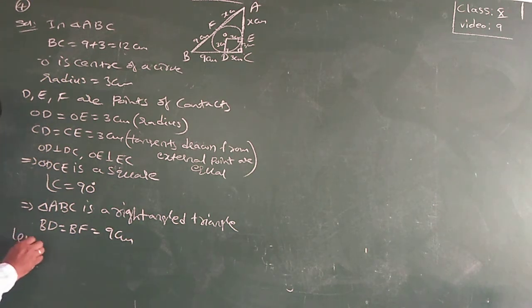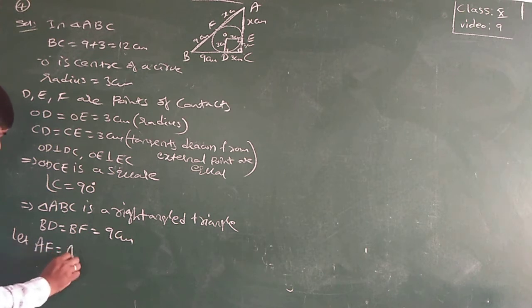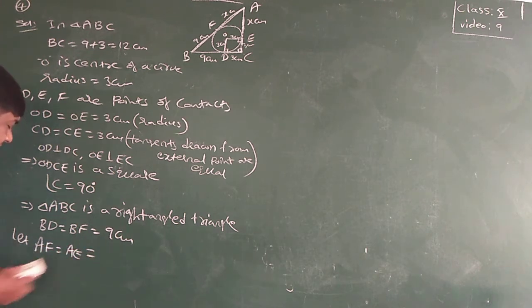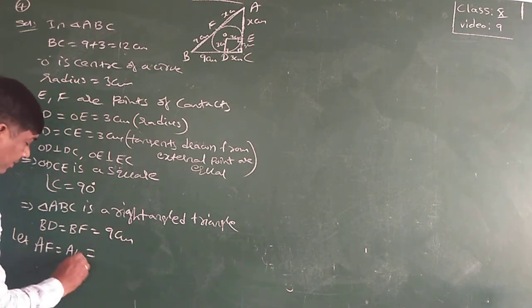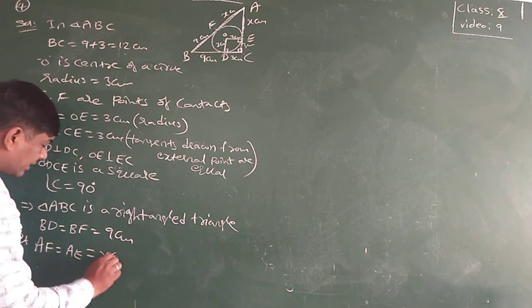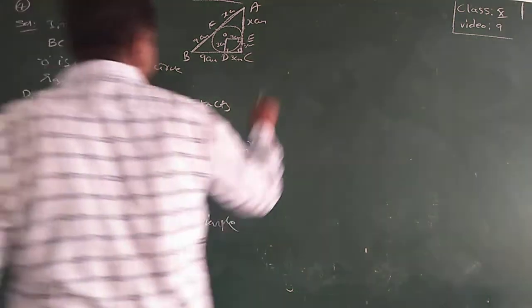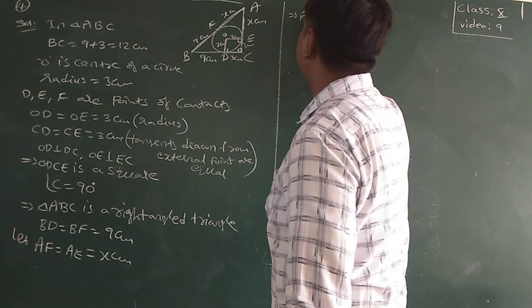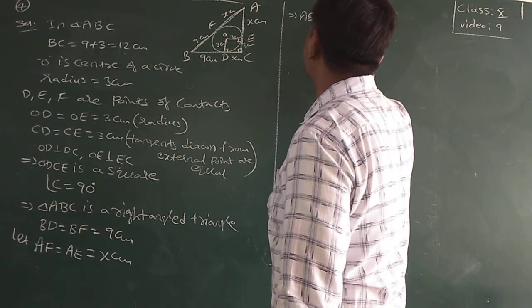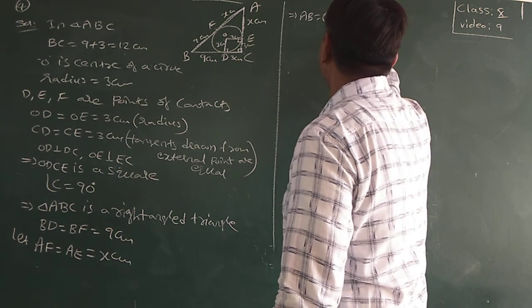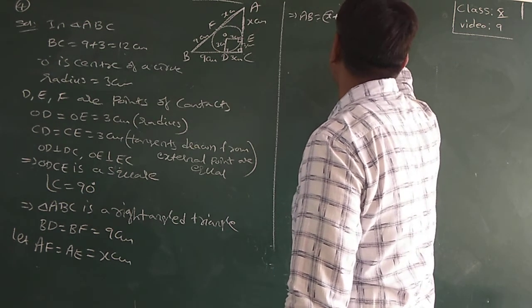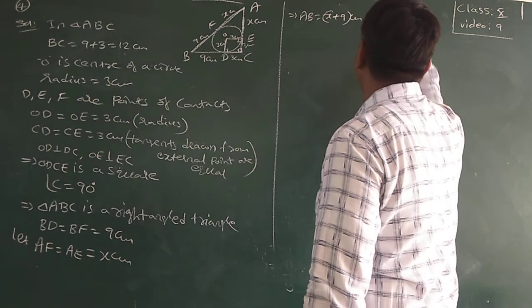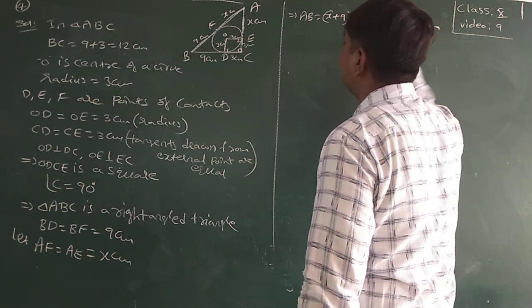So AF is equal to AE is equal to x centimeters. That implies AB is x plus 9 centimeters, and AC is x plus 3 centimeters.